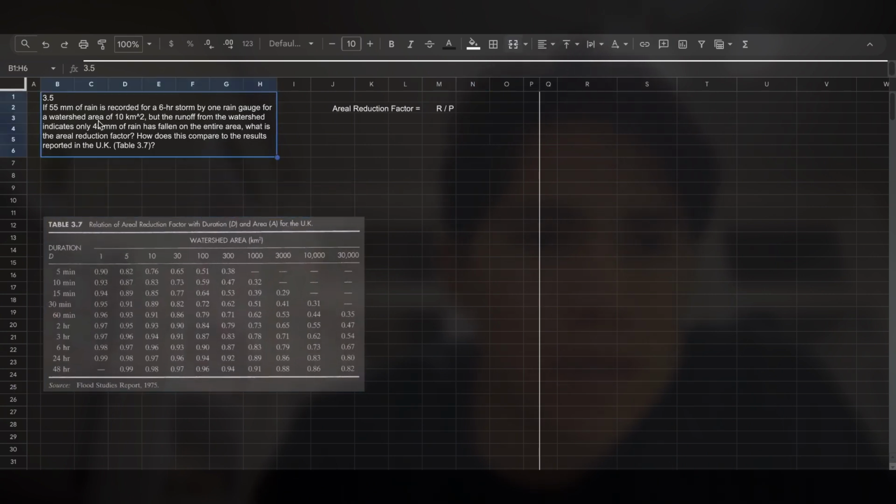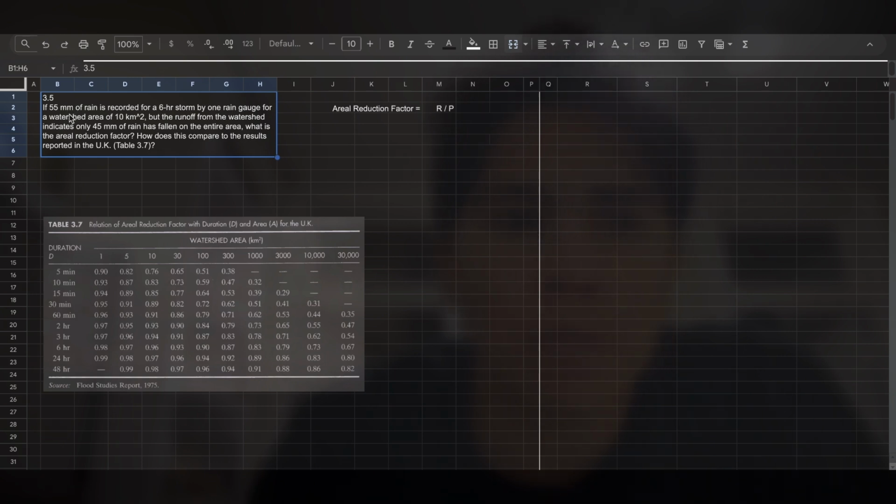What this is saying is that in this storm that lasted 6 hours, there was recorded 55 millimeters of rain over all this area. We don't know the area, we don't need to know. We are given the precipitation in only the depth of the volume, 55 millimeters.